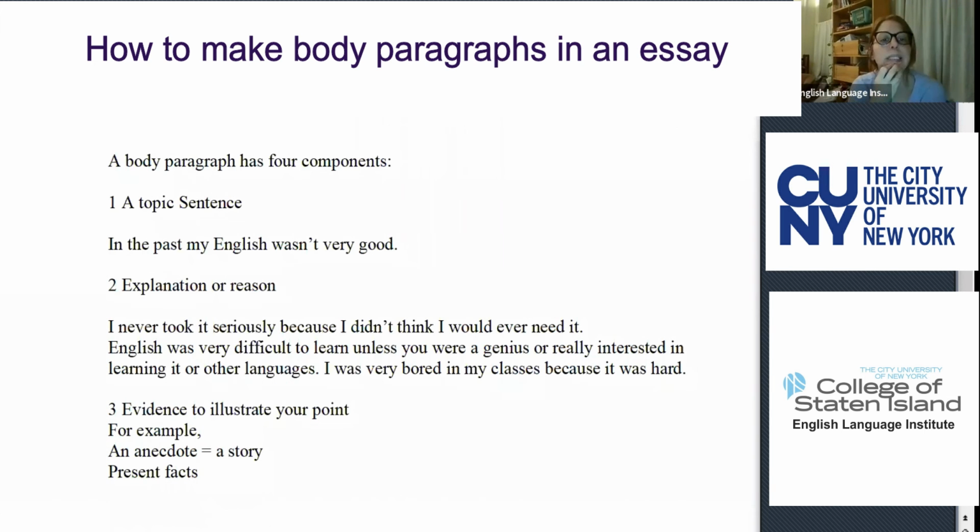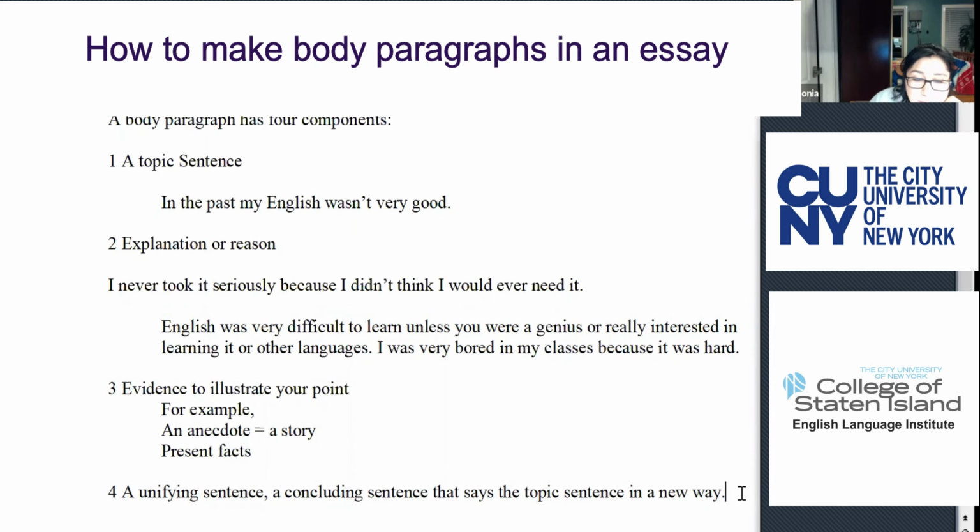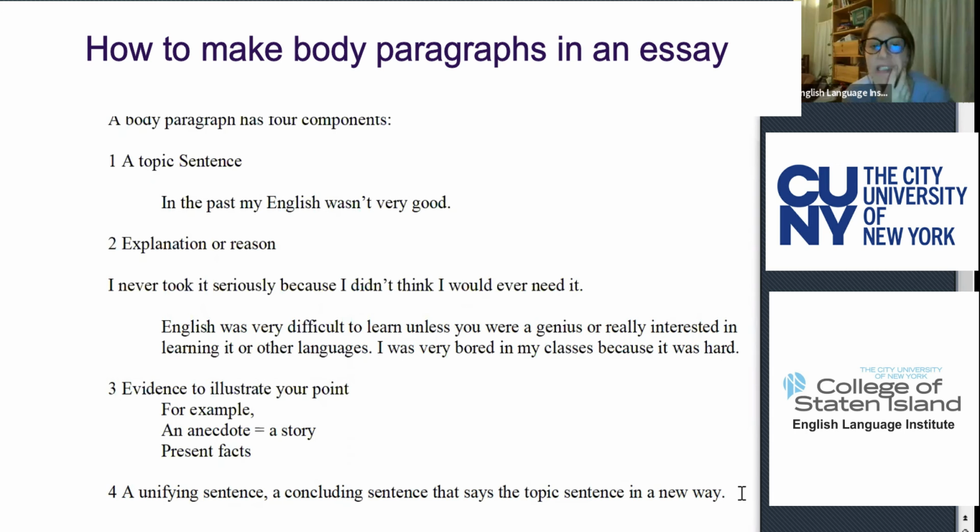And then the last part is a sentence. We call it a unifying sentence. It's sort of like a concluding sentence. A unifying sentence is a concluding sentence that ends the topic that says the topic sentence.